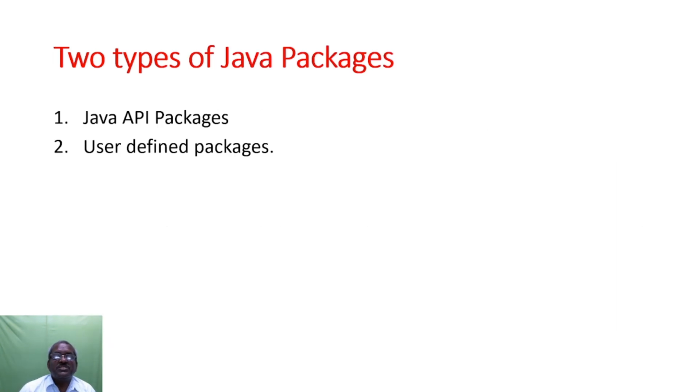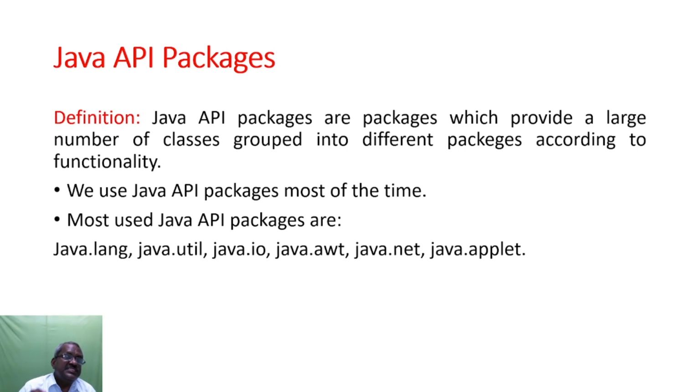There are two types of packages in Java: Java API packages and user-defined packages. The Java API package definition is like this. Java API packages provide a large number of classes grouped into different packages according to functionality. There are 6 or 7 functionalities, and according to them we group the packages.